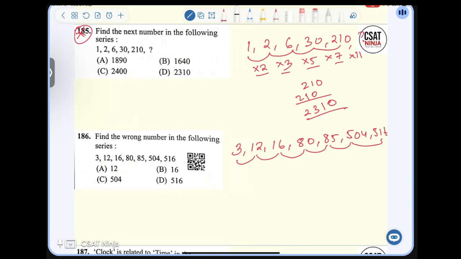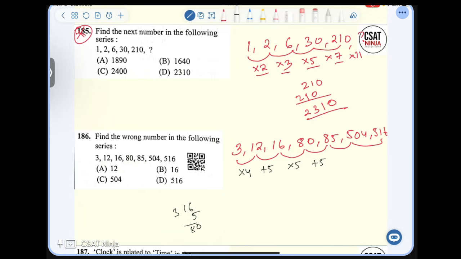Let's start with the first one. 3 times how much is 12? 3 times 4. 12 plus how much is 16? 12 plus 4 is 16. 16 times how much is 80? 16 times 5 is 80, yes. I'm getting times 5. Next is plus 5 there.